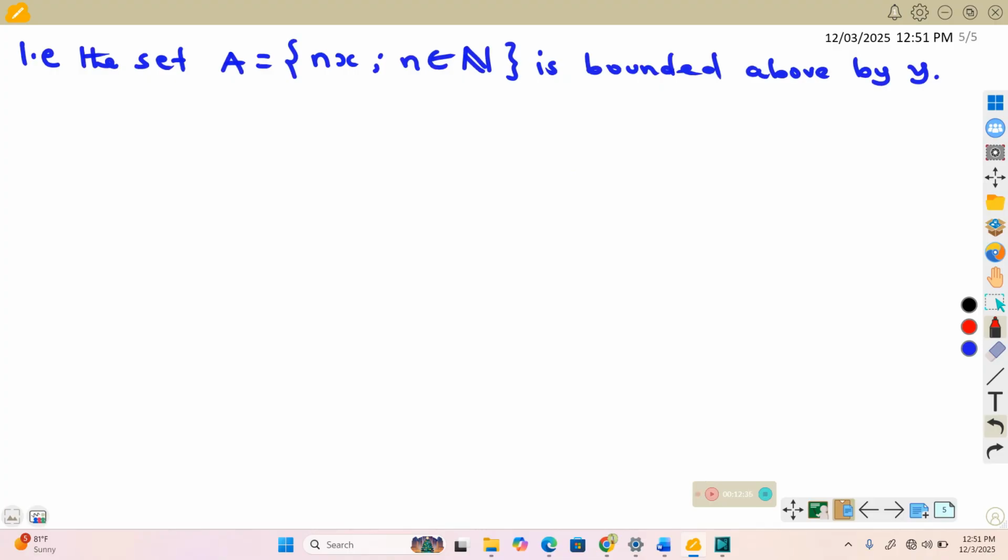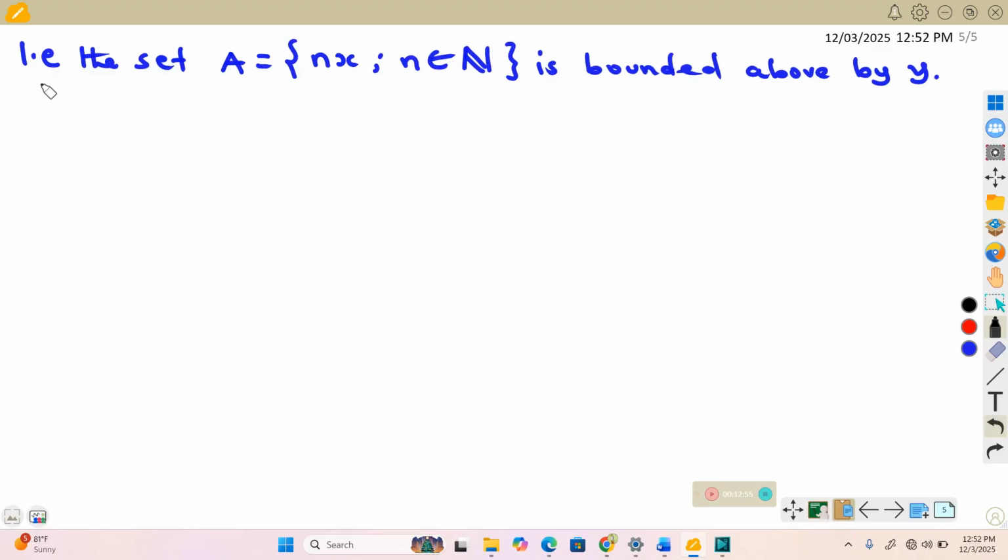Okay, so if that is the case, then by the order of completeness property, if the set is bounded above, then that set has got what we call the least upper bound.